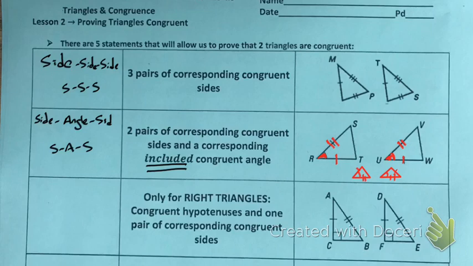You have a single dash side, you have a double dash side, but notice in that second triangle that the angle is not between the 2 sides. It's off to the side.